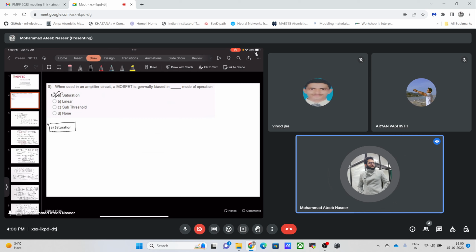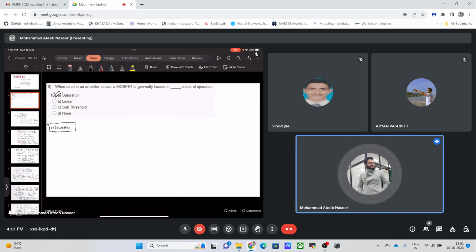We saw how Y21 and Y22 are related to the MOSFET current equations in the saturation and triode regions, and in both cases we found that to make it an amplifier circuit, we need to bias it in the saturation region. So the answer is that we operate the MOSFET in the saturation region to have this amplifying behavior.